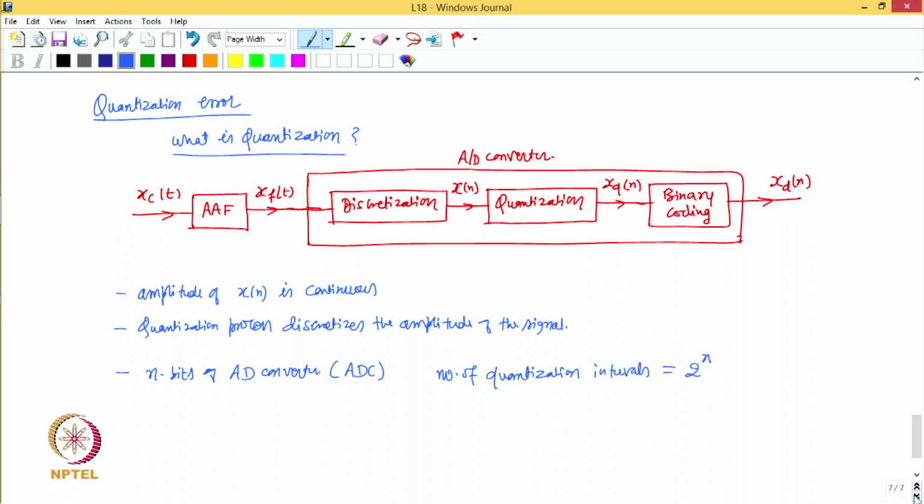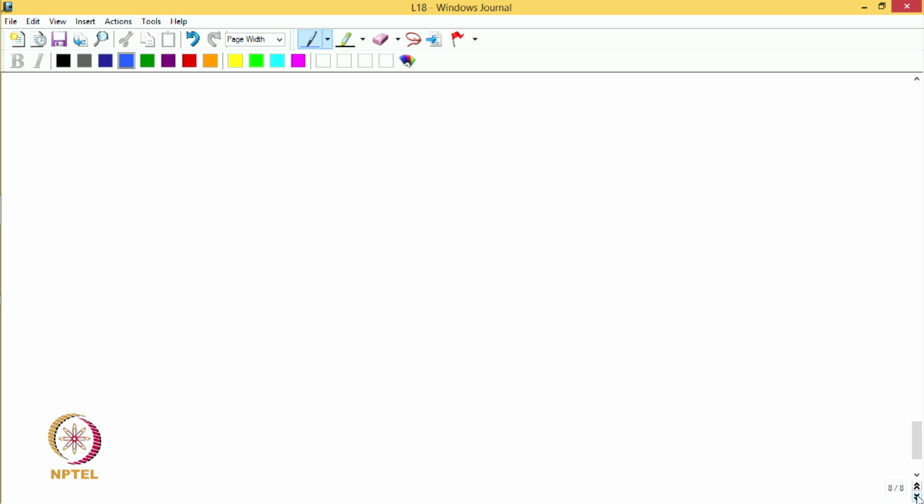So, let us go to the next page. The width of the quantization interval, which we can represent by delta V, depends on the maximum voltage range that can be measured, what range we want to measure.